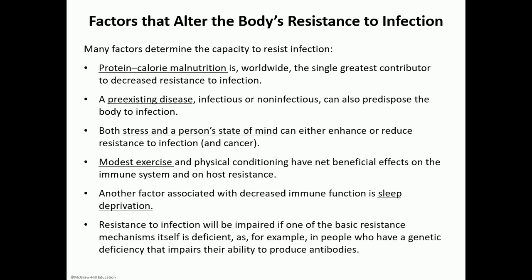Remember, stress increases cortisol levels, and we talked about the effect of hypercortisolism on the immune response. Modest exercise is actually an immune booster. It boosts your immune system and helps you resist different infections. Another factor that decreases immune function is sleep deprivation. So you really want to keep those in mind when somebody's struggling with different infections.